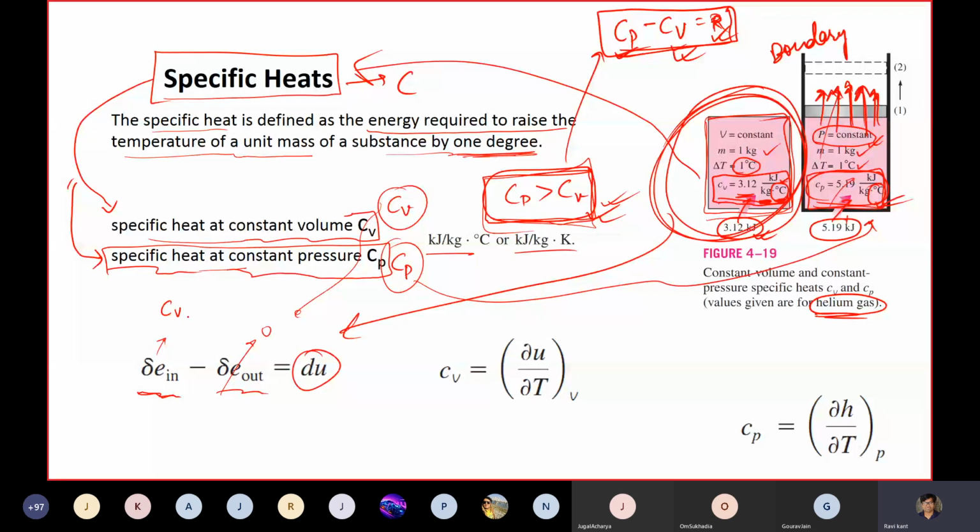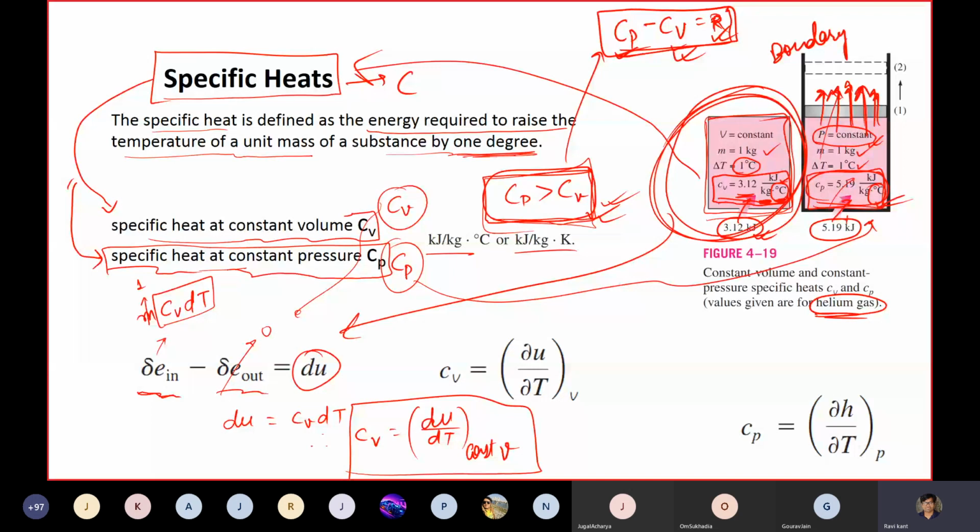So m is unity, so let's suppose m is 1. Now your dU is equal to Cv dT, and thus Cv can be written as the partial derivative of u with respect to T, and this has been done at constant volume, and only then can you write it.